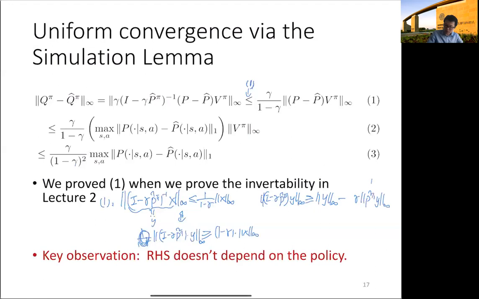And then using the property that this matrix has L infinity operator norm bounded by 1, we can further lower bound this by the L infinity norm of y times 1 minus gamma. Then we can divide both sides by 1 minus gamma, and then it gives us what we want.